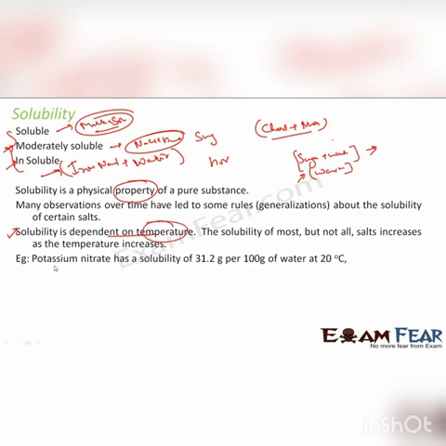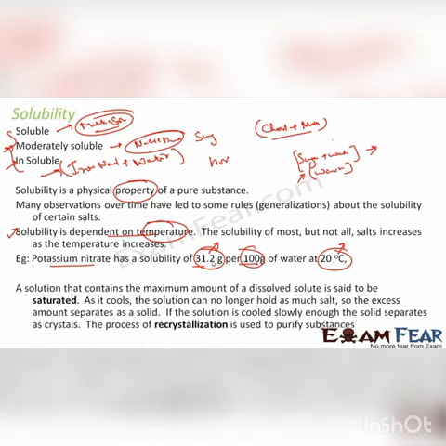So you say potassium nitrate has a solubility of 31.2 gram per 100 gram of water at 20 degrees Celsius. That means if the water is at 20 degrees Celsius, you can completely mix 31.2 gram of potassium nitrate in 100 gram of water. Thus, you can say that solubility depends on two factors. One is the property of the substance, and the other is temperature.